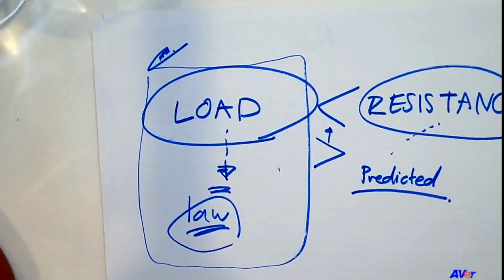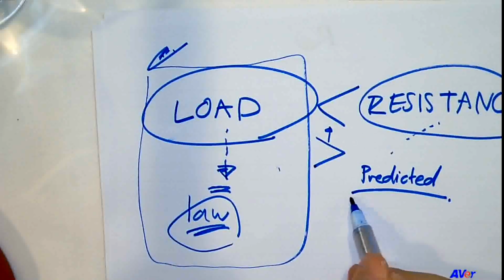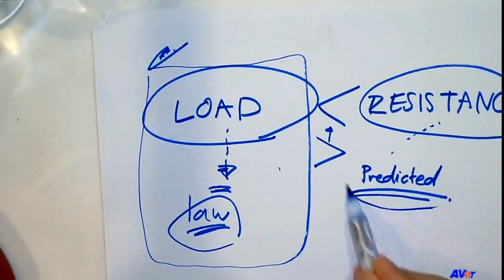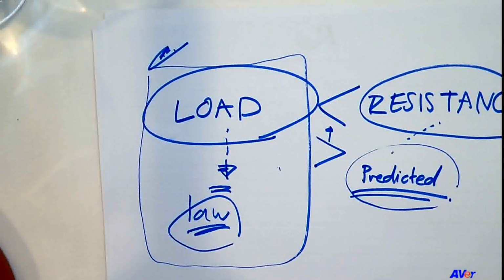So whenever I try to publish something, or when I talk to my advisor, or when I wrote my dissertation, this is the word I would use. It's something that we could never know, so we predict. Okay? And from the predicted strength, there are so many good, very smart people who come up with a set of equations that we can use to predict the strength of our structure.